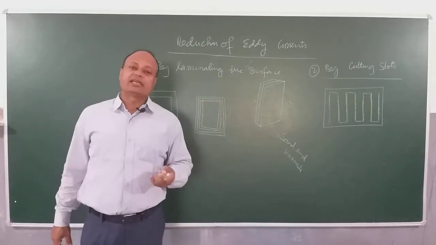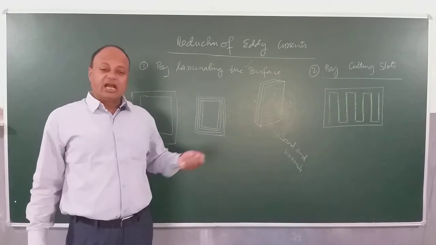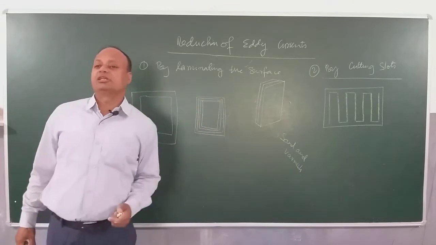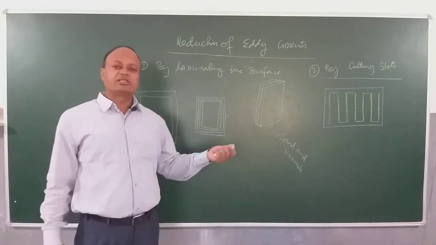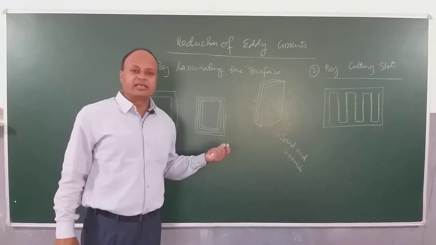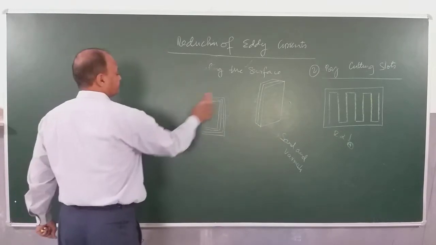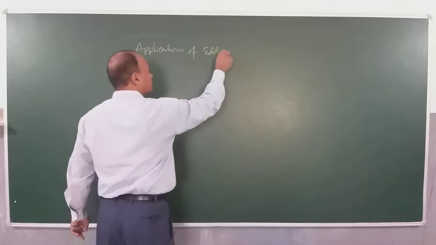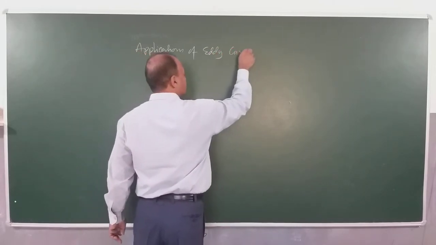But despite this, eddy currents find a number of applications, and I already wrote earlier which application is based on which effect. I will write applications of eddy currents once again. Children, what are the applications of eddy currents?